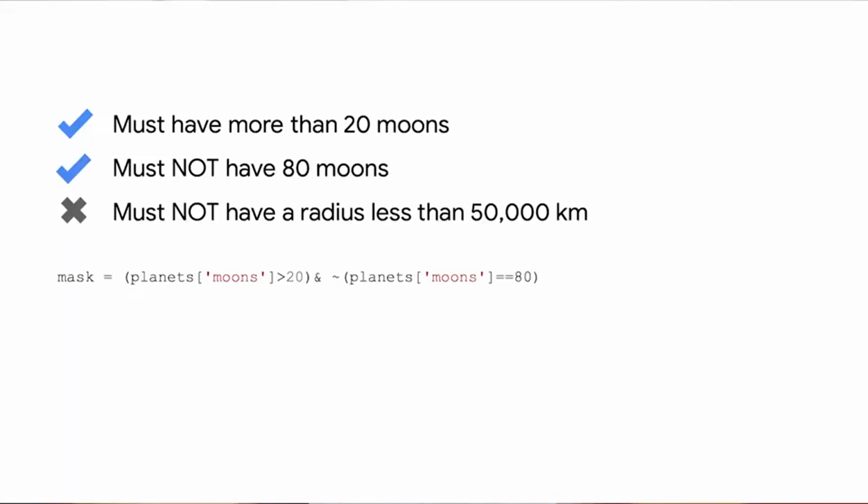Then we use the and not operators before parentheses: planets['moons'] equals 80, close parentheses. Then we again use the and not operators before parentheses: planets['radius'] less than 50,000, close parentheses.